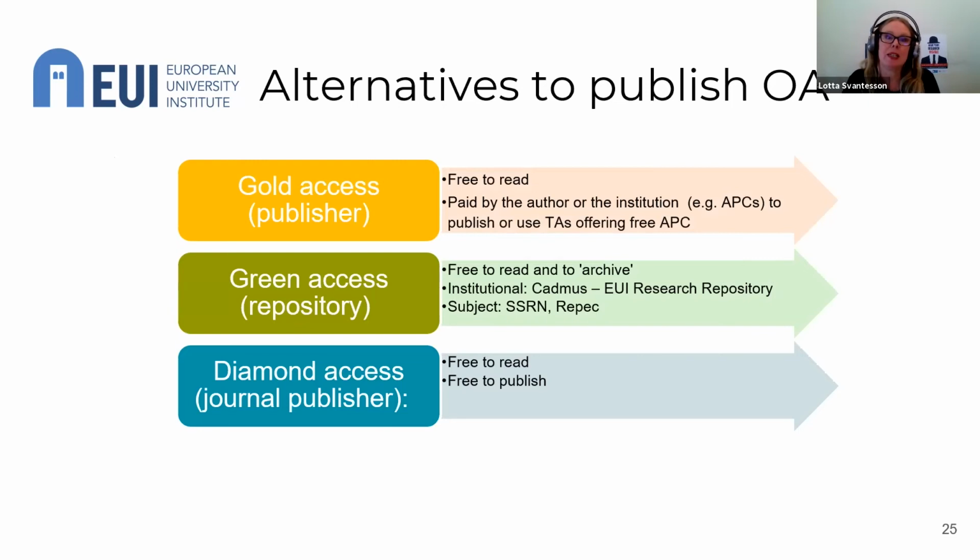So you have basically three groups or ways to publish open access: the gold way, the green open access, and the diamond access, which is the most noble and rarest, unfortunately.